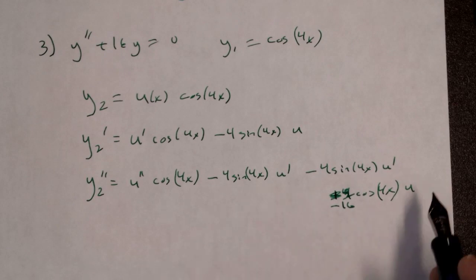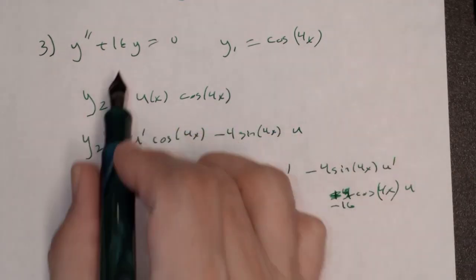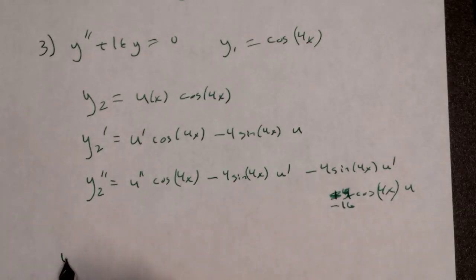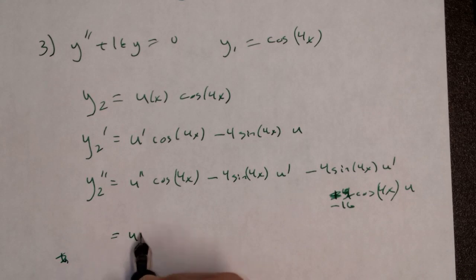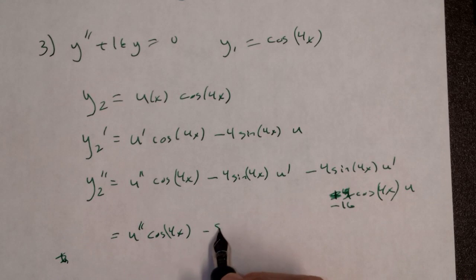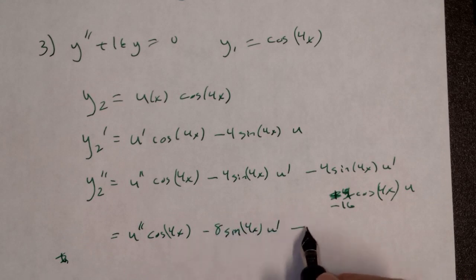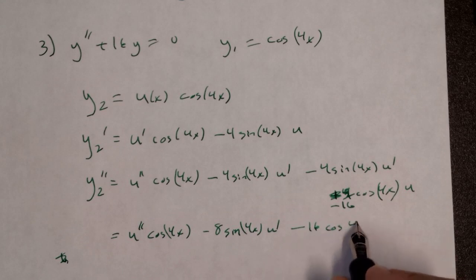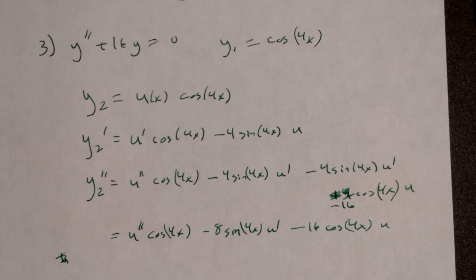Okay, let's plug all this into this equation. But notice I can gather like terms here before I do that. U double prime cosine 4x minus 8 sine 4x u prime minus 16 cosine 4x u. And it says y double prime plus 16y equals 0.